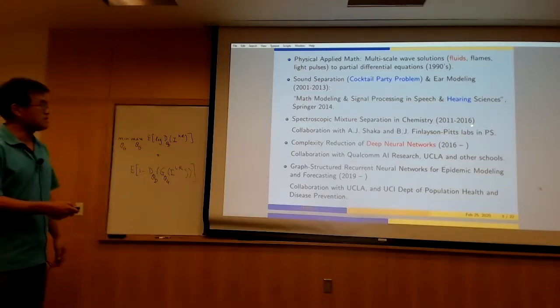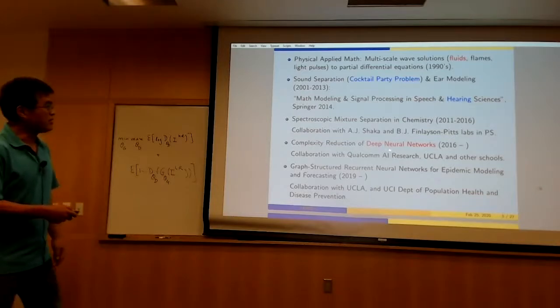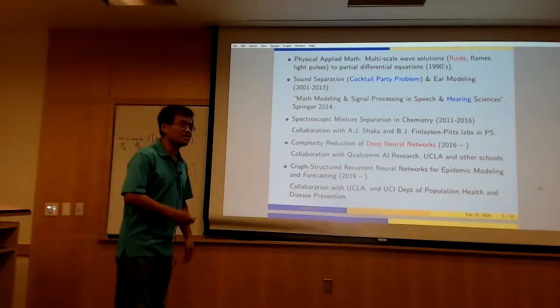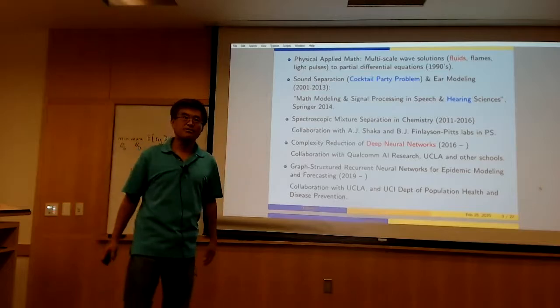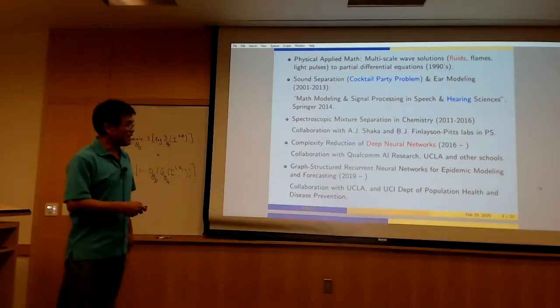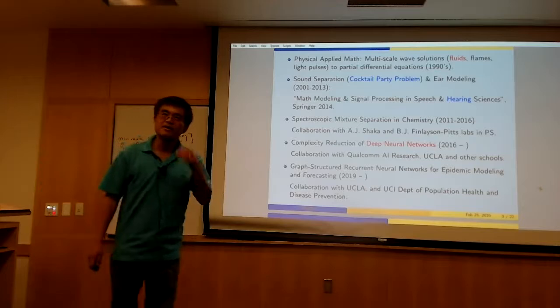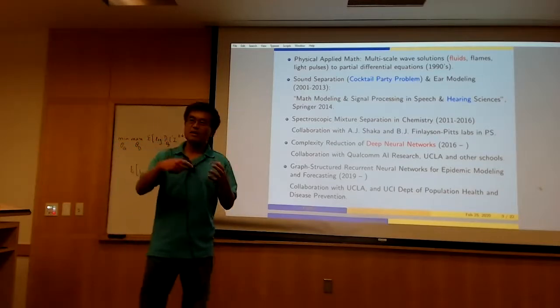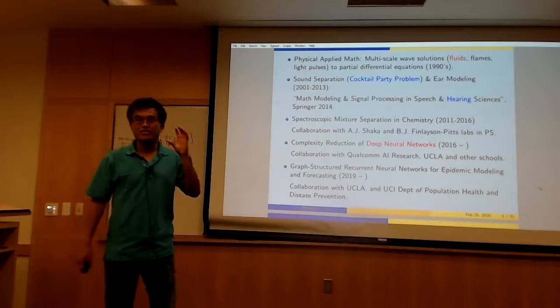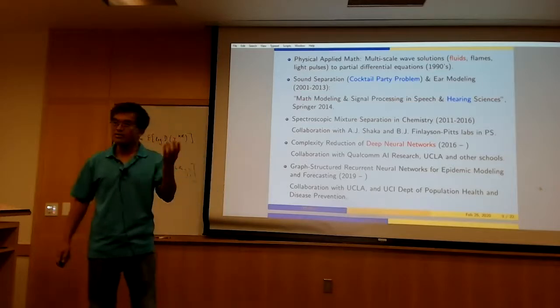So I started deep learning about 2015, starting from a problem of complexity reduction of deep neural networks. These are usually very high dimensional. I had a collaborator from Qualcomm, and these guys are interested in putting deep networks on phones. And phones have very limited computing power and memory.